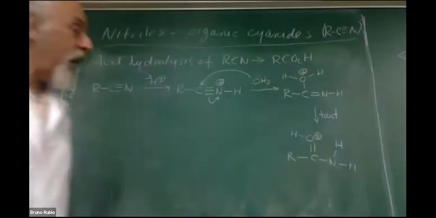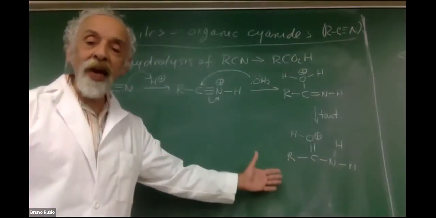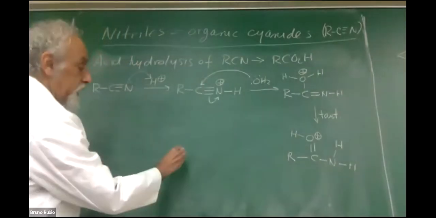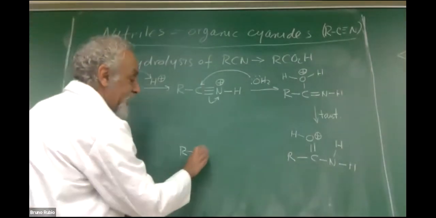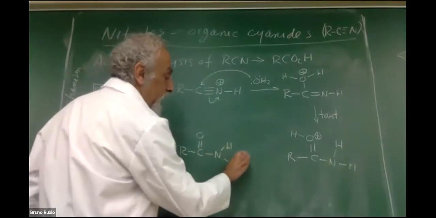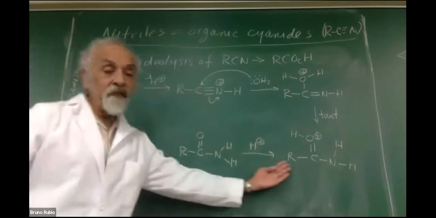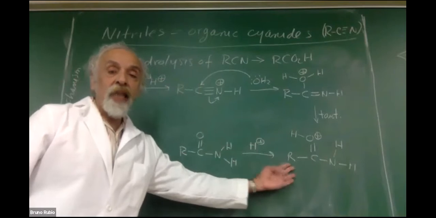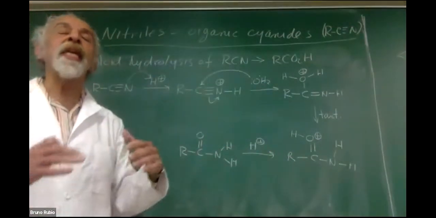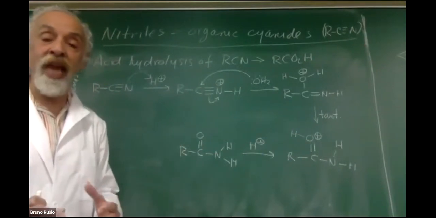And so I have that. And this guy, this is the very same intermediate that we would get if we were to take an amide and add acid to it. What would we get? The very same thing. And so these steps have led us into the acyl substitution realm of reactivity.